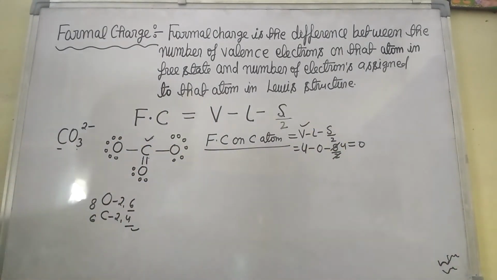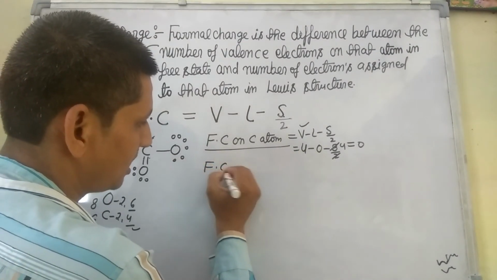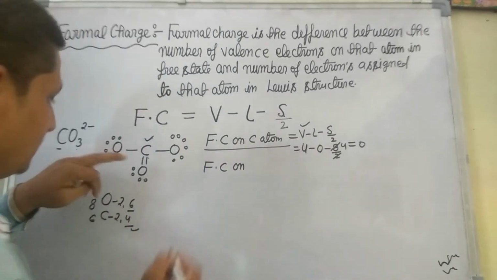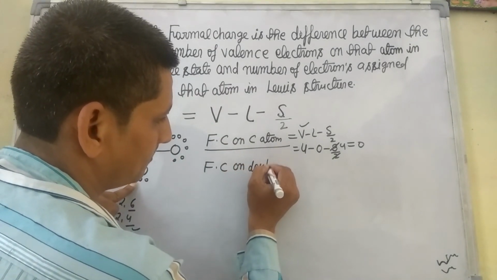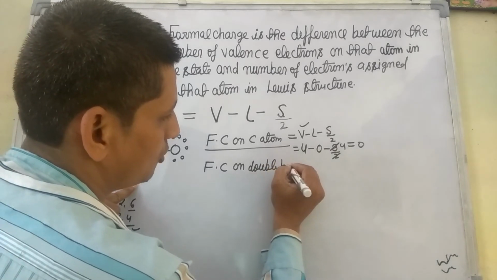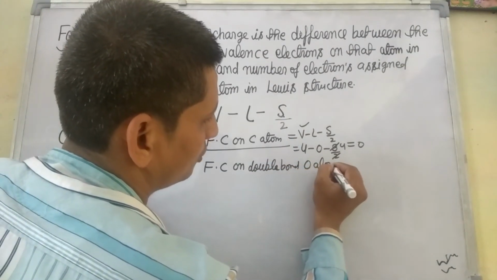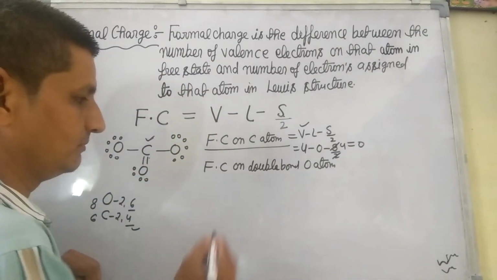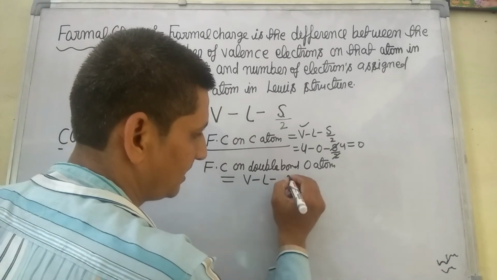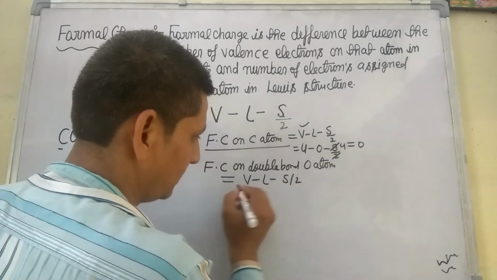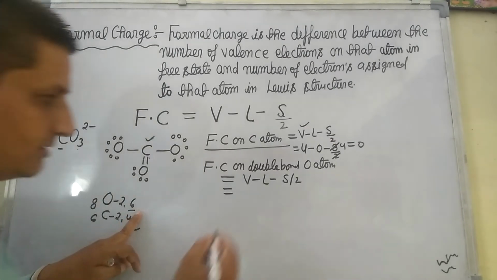Okay students, after this the next point is formal charge on double bonded oxygen atom. Formal charge on double bond oxygen atom. Dear student, you know very well the formula V minus L minus S by 2. Here the total valence electrons in oxygen atom, you know very well, is 6.